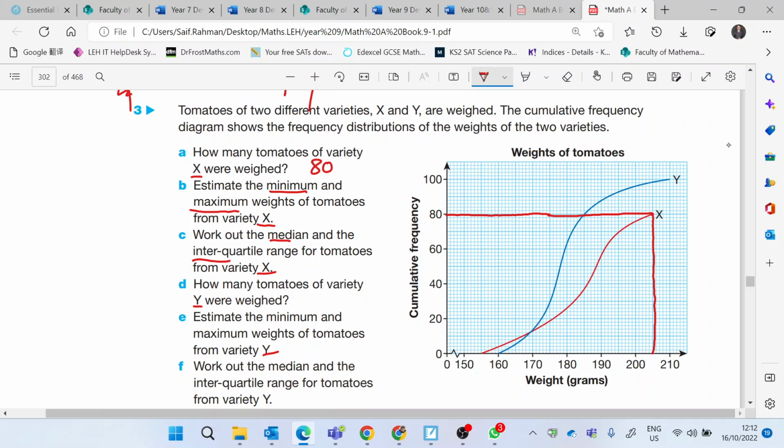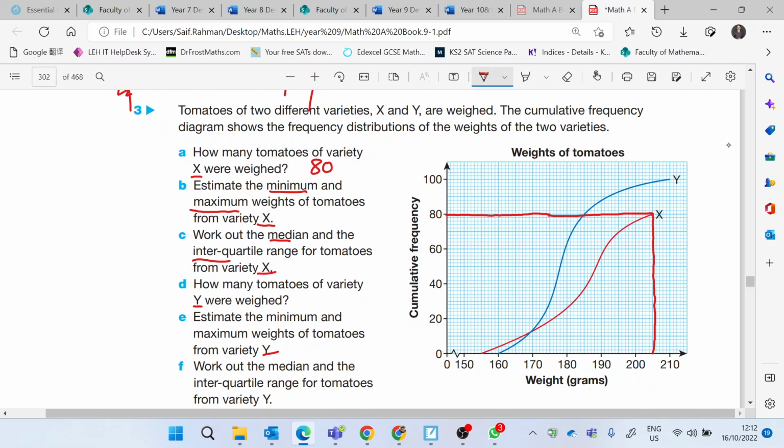yeah, cumulative frequency, so 80, and the weight, if you want to see their weight, the frequency was 80 and the weight was 200 and 210, right? So this is 205 gram was each its weight.